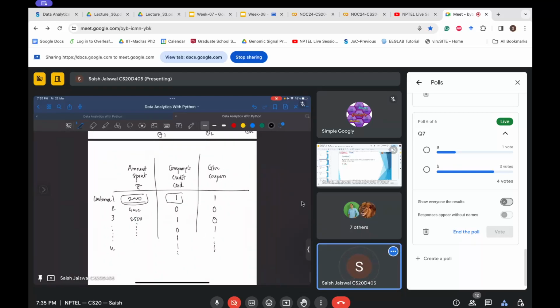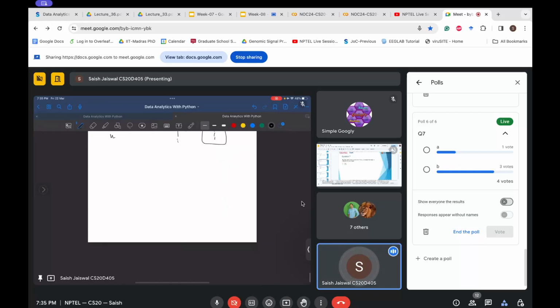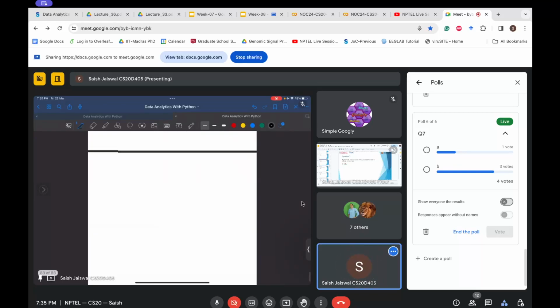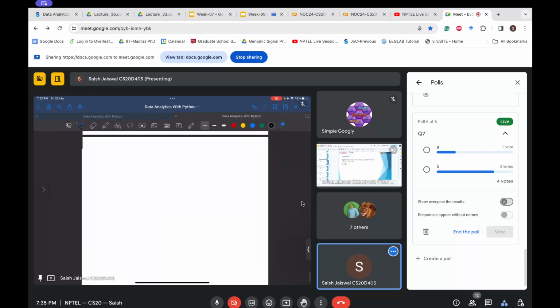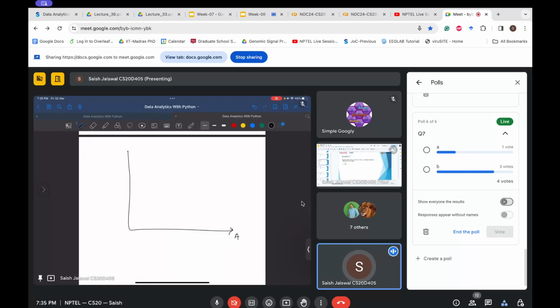But if I want to predict this, in this case the dependent variable has only two values, 1 and 0. So if you plot this, if only the amount spent is considered, it can be like this.